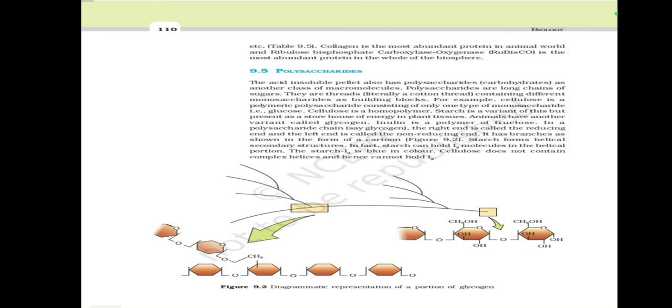In fact, starch can hold I2 molecules in the helical portion. The starch-I2 complex is blue in color. Cellulose does not contain complex helices, and hence cannot hold I2.